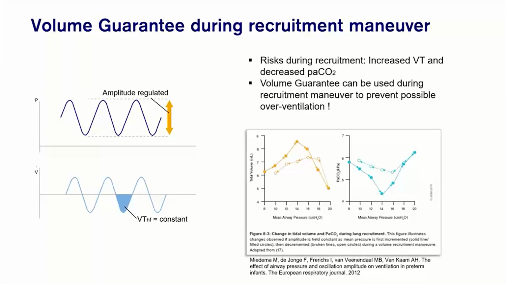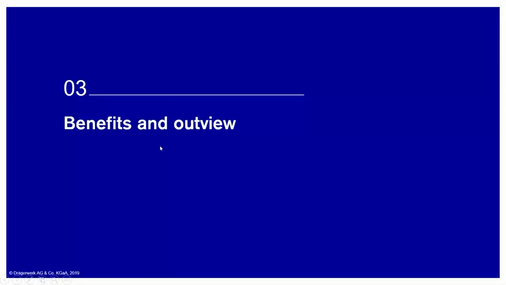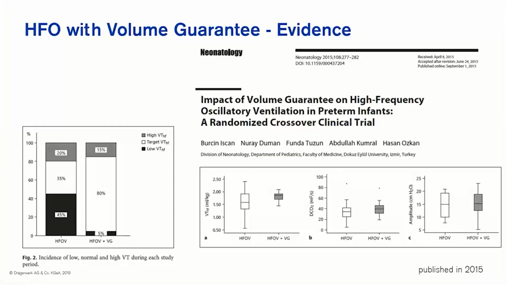And so in this respect, during such a recruitment maneuver, volume guarantee can be of help, because volume guarantee would continuously readjust the amplitude to stay with the set tidal volume. So volume guarantee can also be very helpful while doing recruitment maneuvers during high frequency oscillation. So, benefits and outlook.